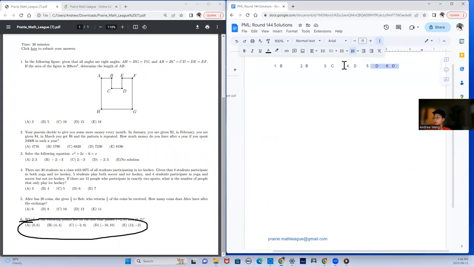And the answers are the highlighted text right here. It is bolded, and you should be able to see this. So the answer to question 1 is B. The answer to question 2 is B. The answer to question 3 is C. The answer to question 4 is D. Question 5 is D. And question 6 is D.